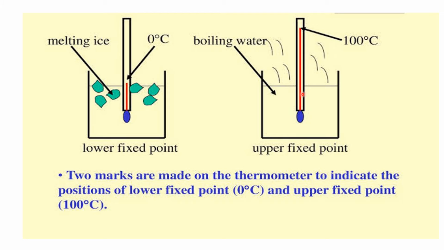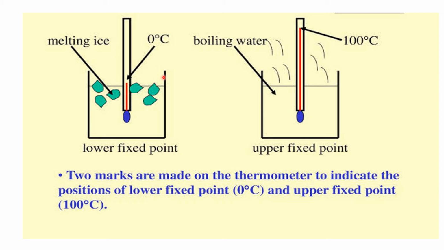So next we are going to study some concepts of temperature. Usually temperatures are measured with the help of thermometers, you know it. Two marks are made on the thermometer to indicate the positions of the lower fixed point, that is 0 degree centigrade, and the upper fixed point, 100 degree centigrade.